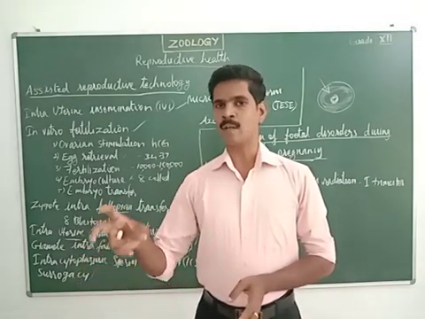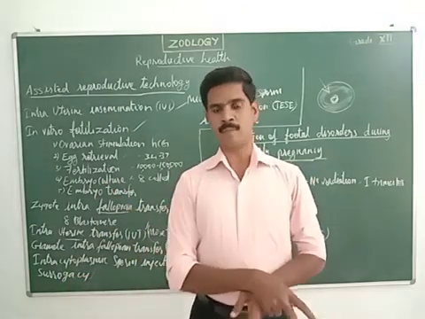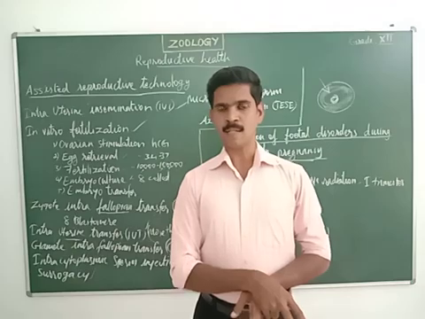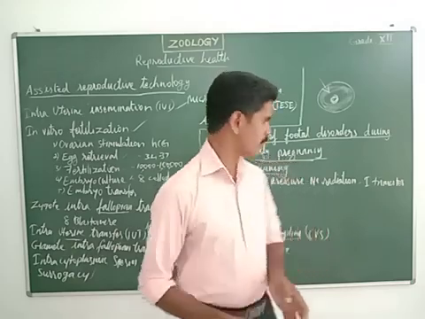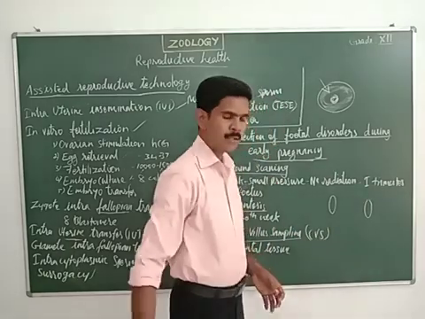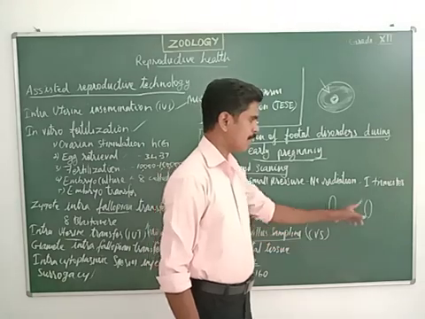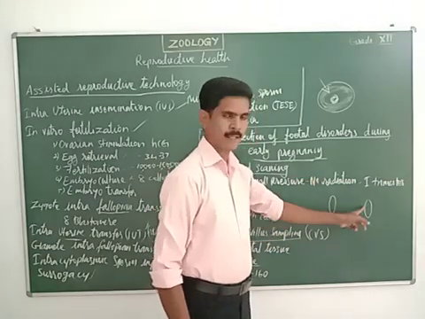So one woman's baby is developing in the uterus of another woman. This agreement is called surrogacy. Just imagine this one person, and this is another female. So this female is ready to carry the pregnancy for this woman.